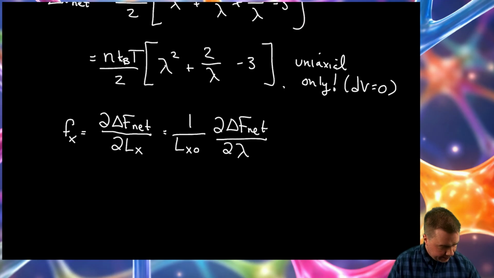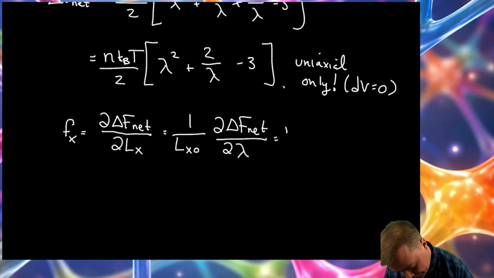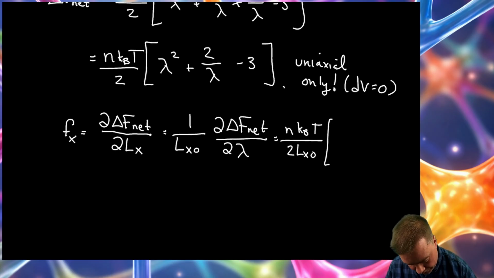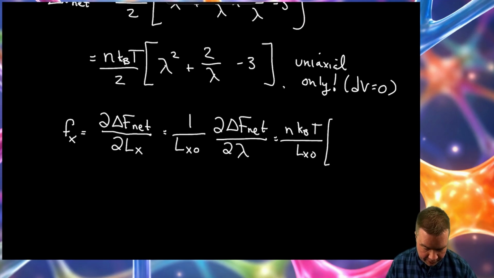All right, and that will give us n kBT divided by 2 Lx0. And nope, the 2 went away when we took the derivative. All right, and that will be multiplied by, again, we took the derivative of what's in the parentheses with respect to lambda.